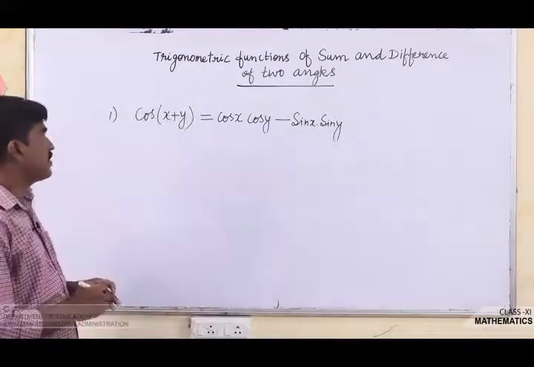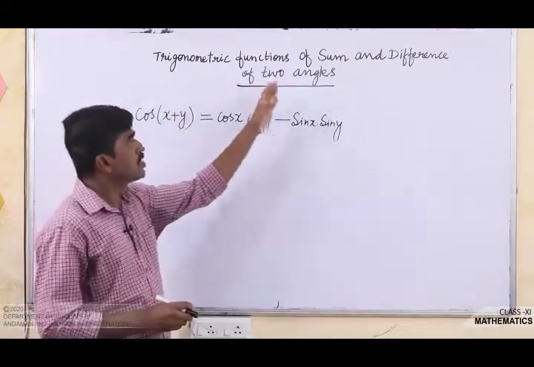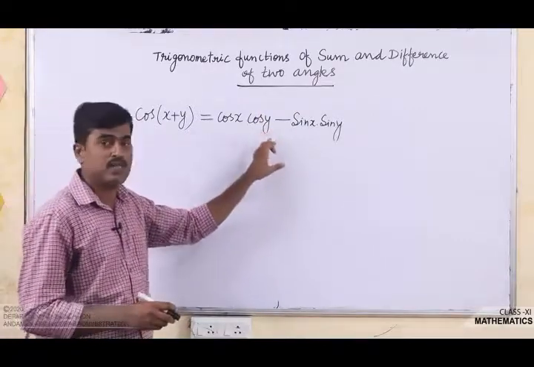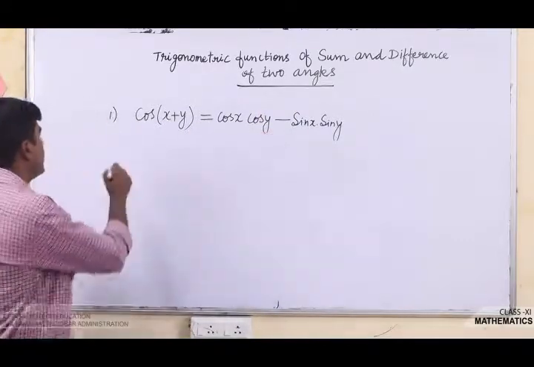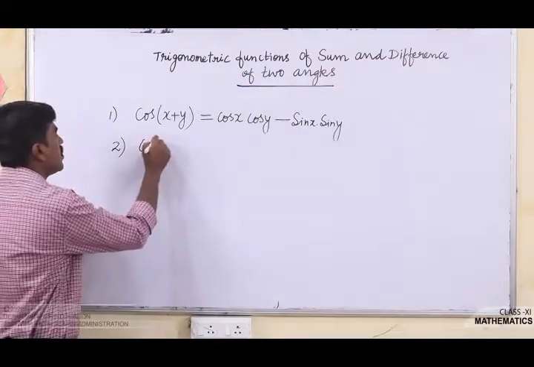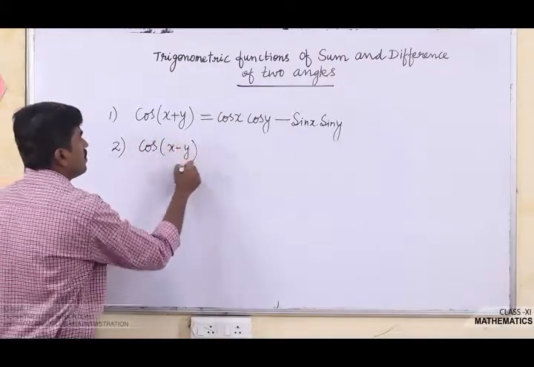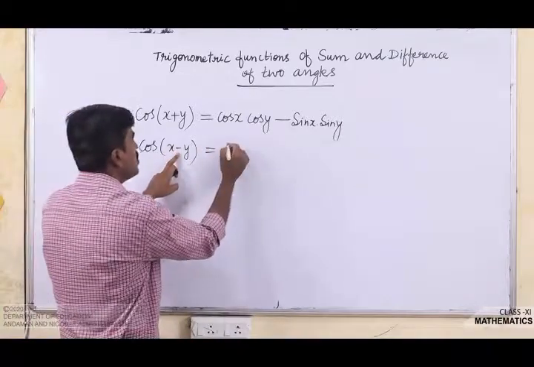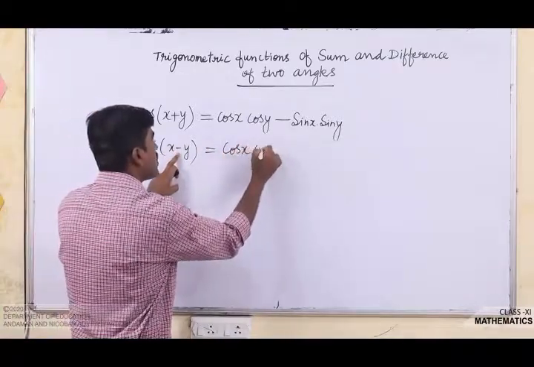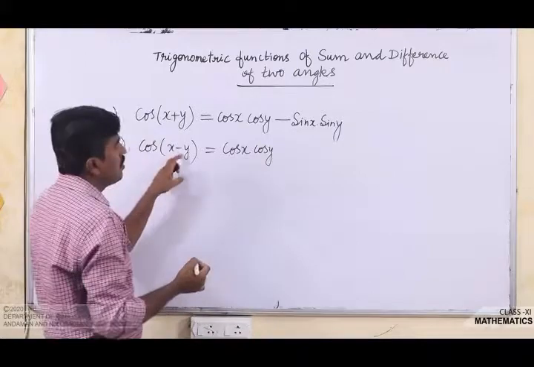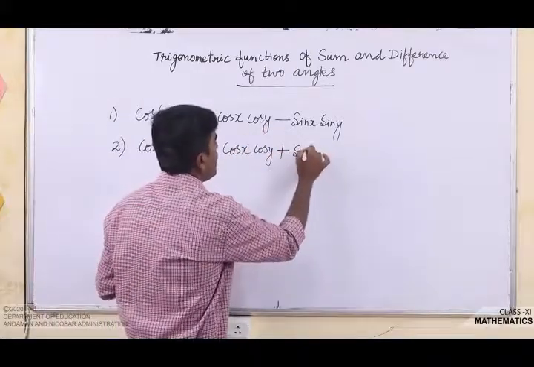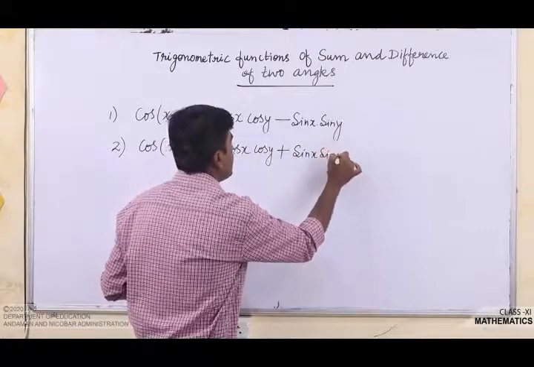Clear? So this is the first formula for trigonometric functions of sum and difference of two angles, that is cos of x plus y is equal to cos x cos y minus sin x sin y, and the second one is cos of x minus y. Now minus is there, the terms are same here, but now it is plus sin x sin y.